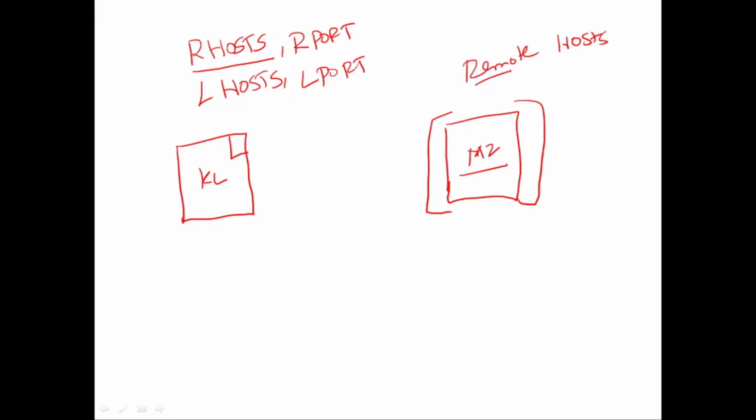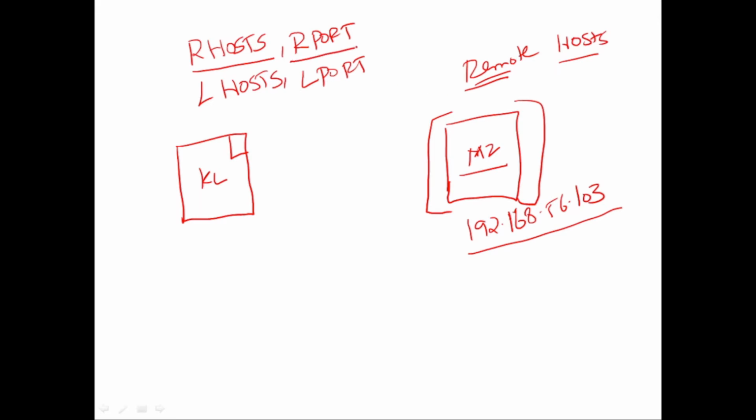So what is a remote host here? Say if this IP is 192.168.56.103, the remote host I'm referring to from Kali Linux will be my victim with this IP address. So remote host is nothing but, here we refer to the victim machine.